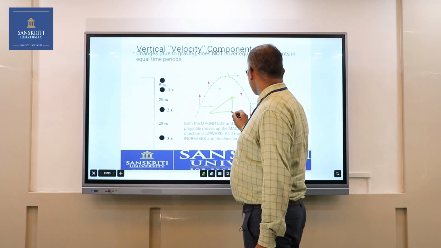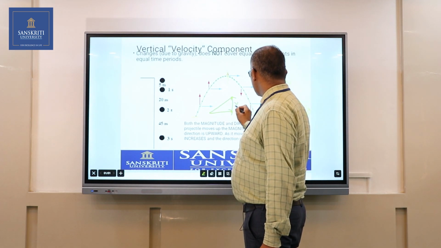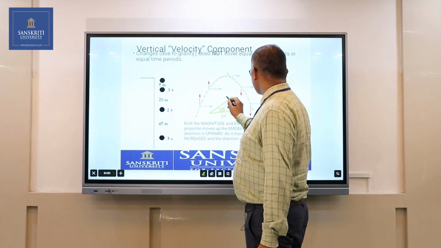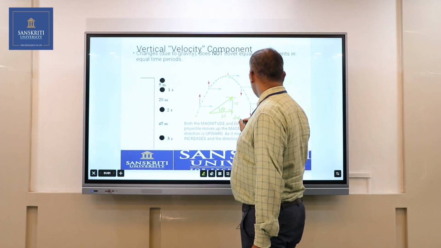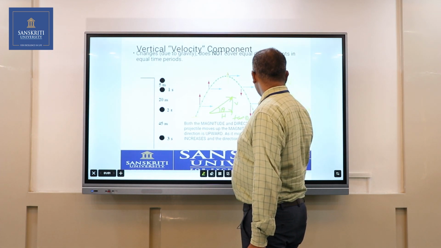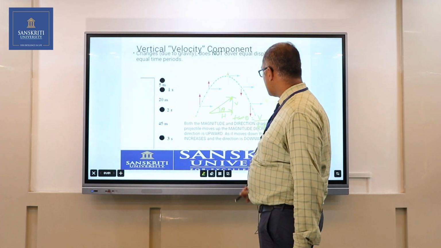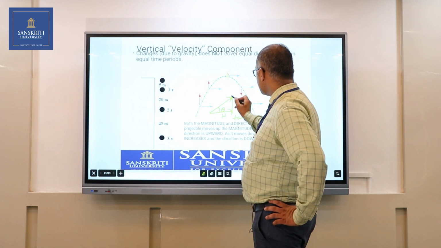Suppose this is the vertical velocity vector, and this is horizontal. So this is the angle of the resultant, theta. So tan theta of the resultant is the vertical velocity vector upon the horizontal velocity vector. This is the resultant.